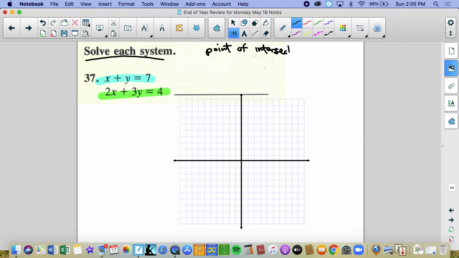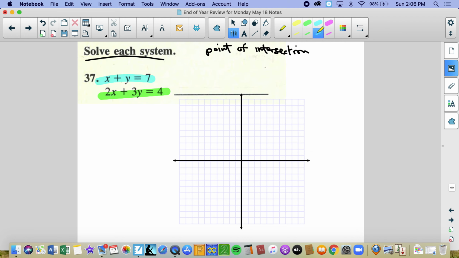And when we graph, it doesn't necessarily have to land on one of these grid marks. So it may end up being in this space here, and we won't be able to tell what that point of intersection is. So graphing is not the most efficient way, but we'll try it in this one just to see how that goes.